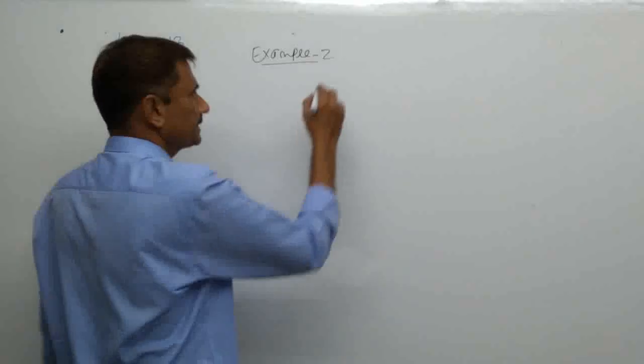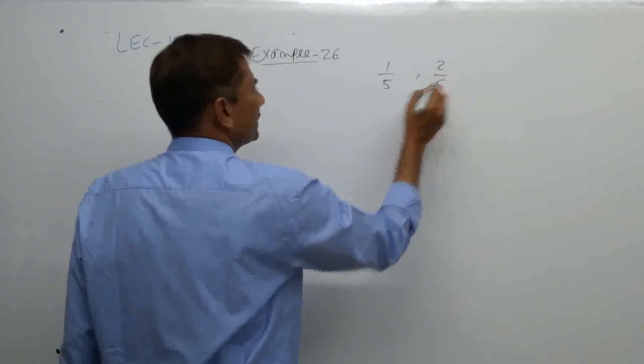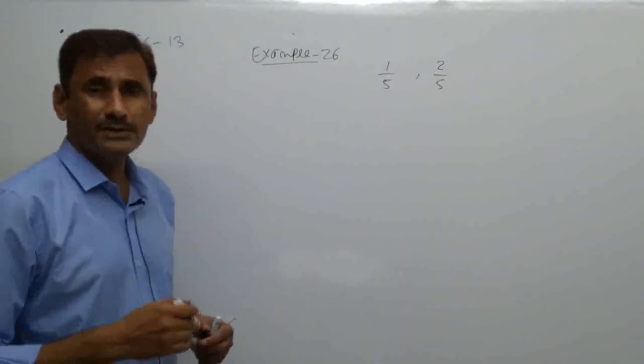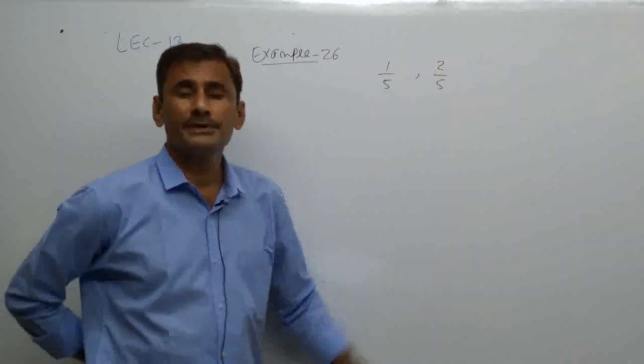It is 26 and the numbers are 1 by 5 and 2 by 5. Now the denominator is already equal, but in between there are no integers for the numerator.